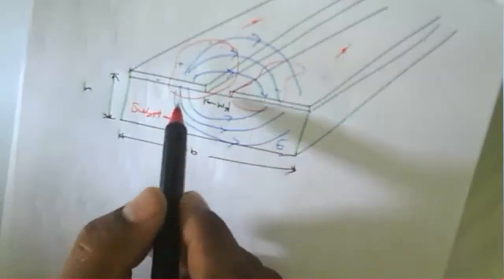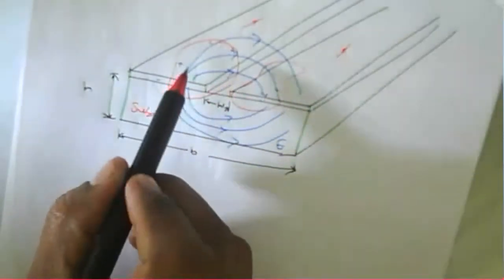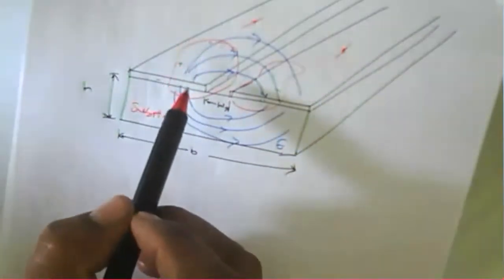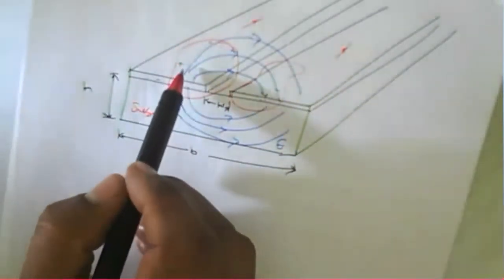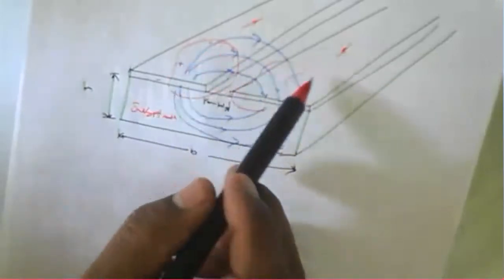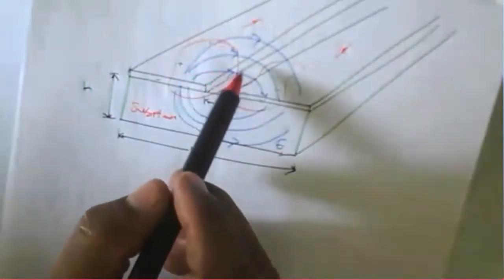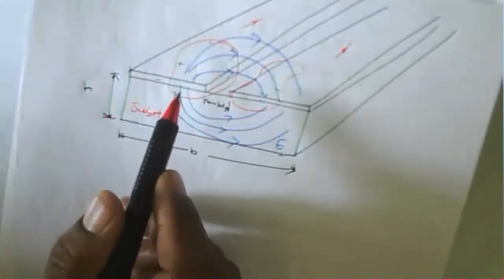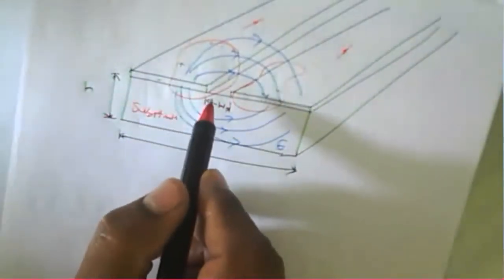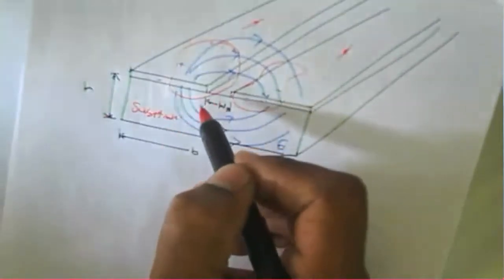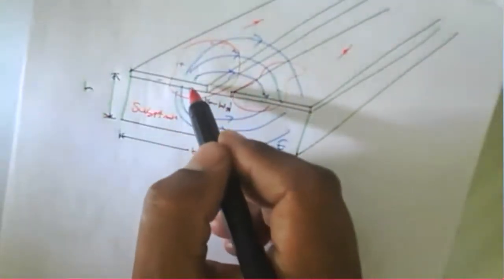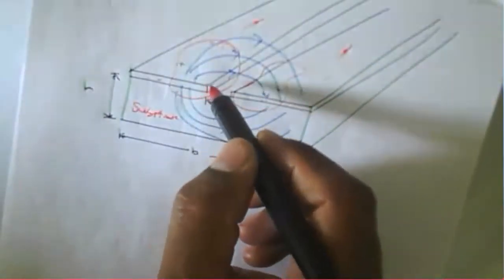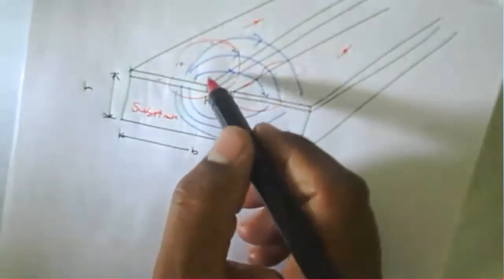Now if you consider this one a complete substrate, on the substrate there are two strips. If you compare with the microstrip line, which has one metallic strip and another ground plane, similarly this slot line has two wires or two metallic strips.